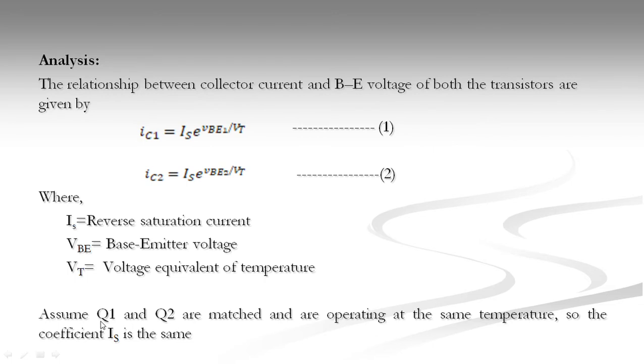Since we are assuming both the transistors to be matched and operating at the same temperature, we can take the reverse saturation current to be the same for both transistors.